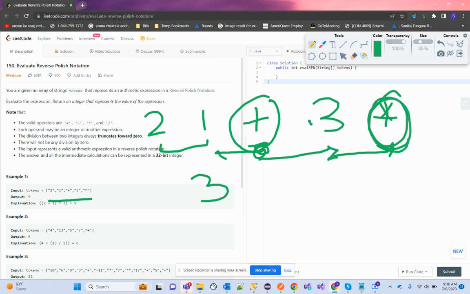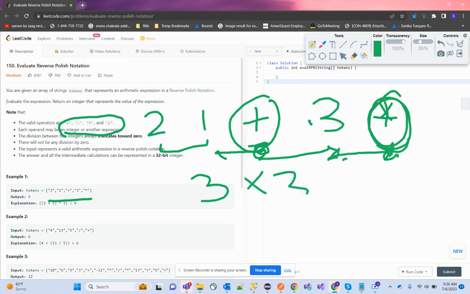Whenever one of the four valid operators appears, we go back and apply it.